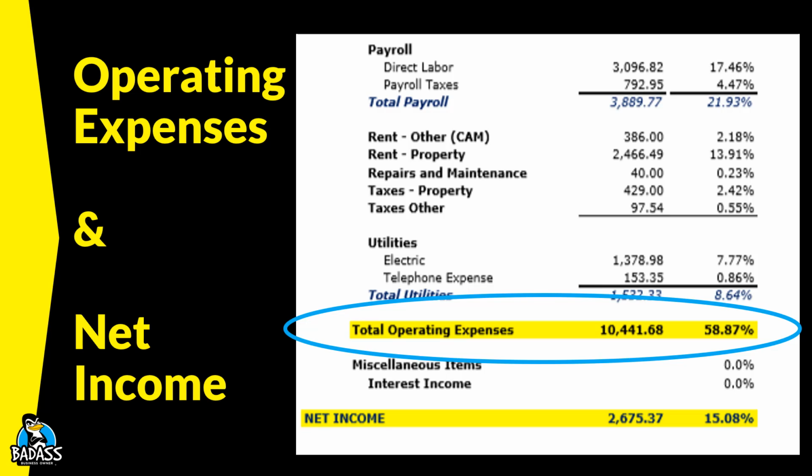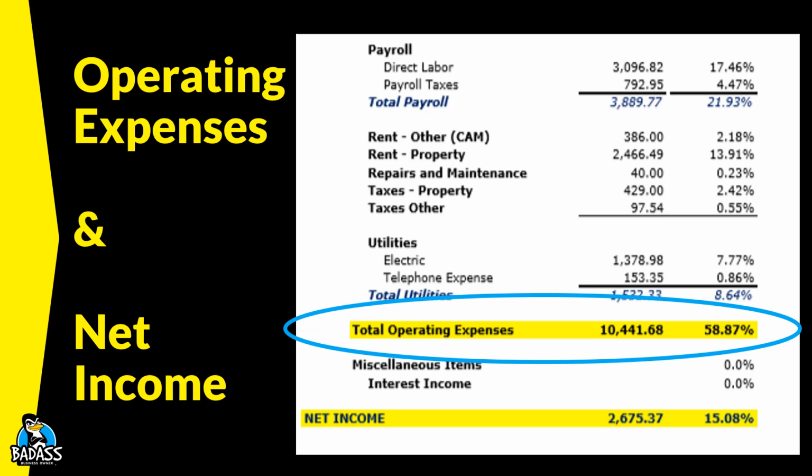So if we take all of those expenses up, in this particular example, it comes to $10,000. So 58% goes towards expenses, which is pretty high. And in this case, you're going to notice that that's 58.87%. So basically, out of every dollar, almost 60% of it has to go towards the expenses of this particular company.